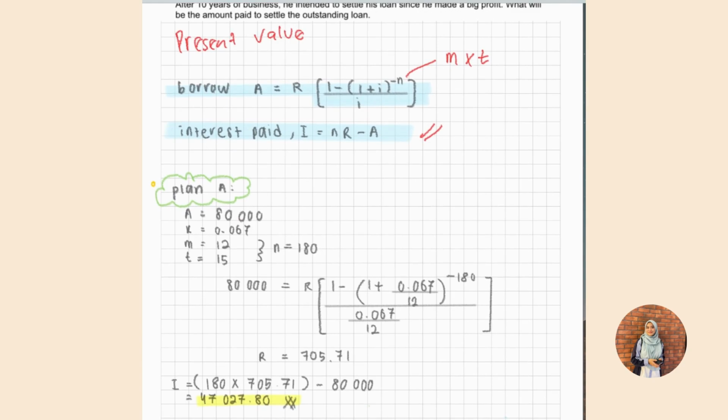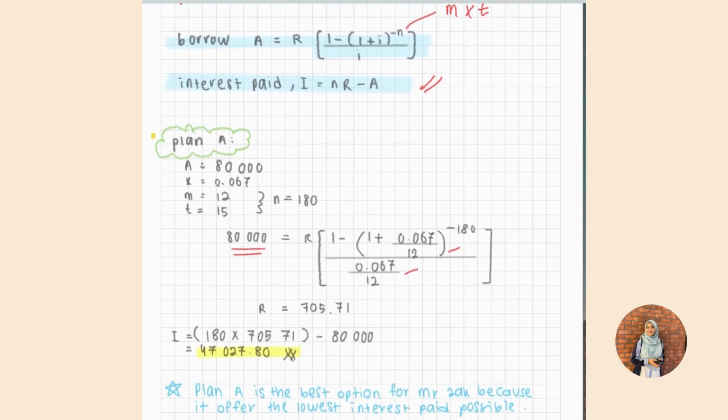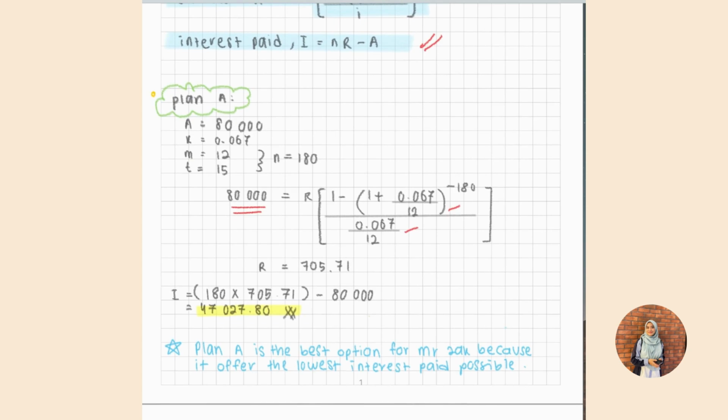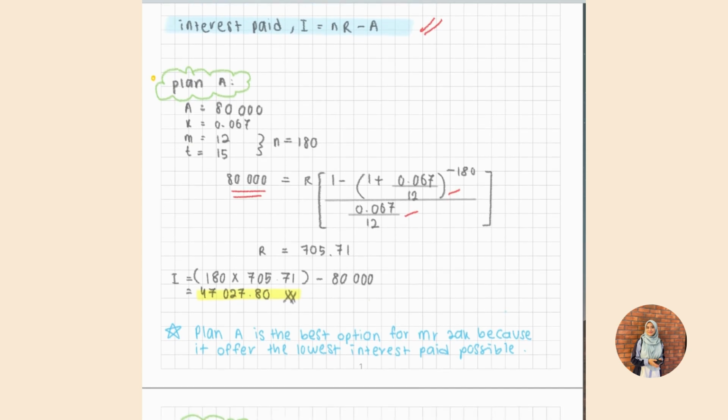For Plan A, we have to substitute the numbers into the formula, and we get 705 ringgit 71 cents. And substitute the numbers into the interest paid formula, and we get 47,027 ringgit and 80 cents.